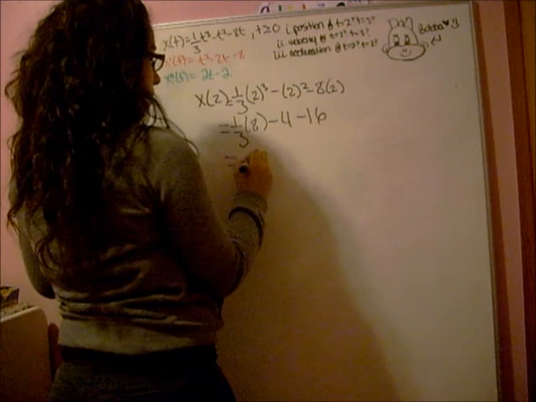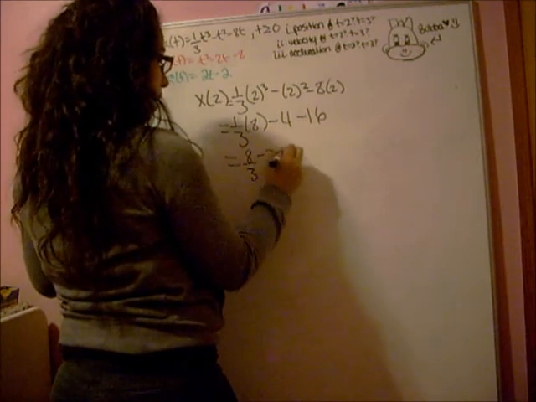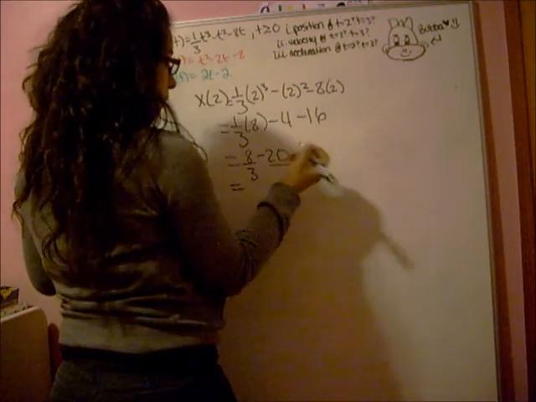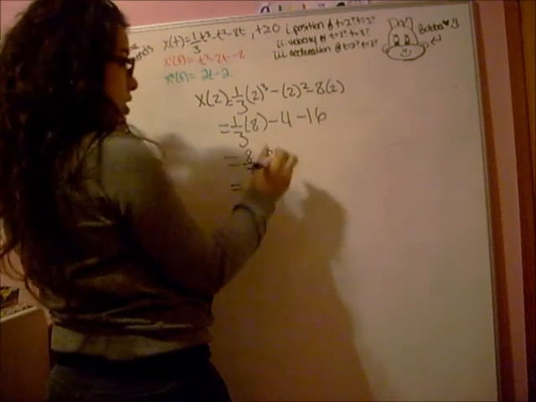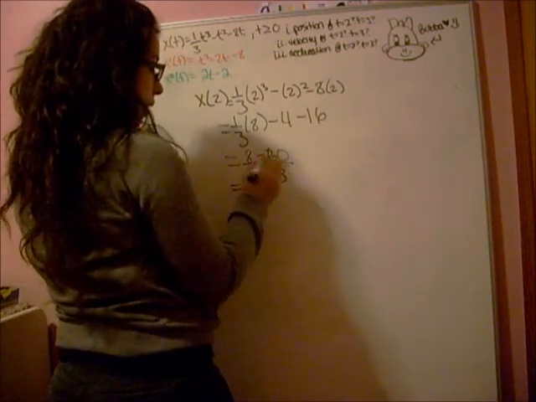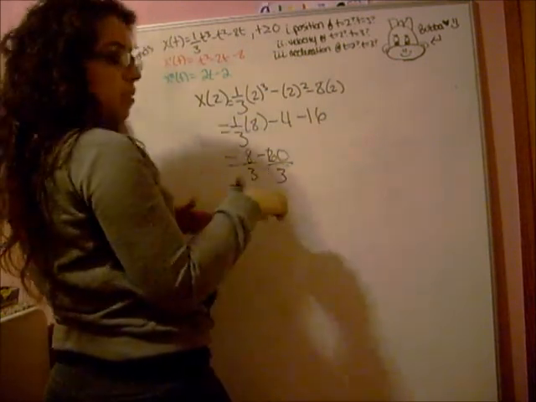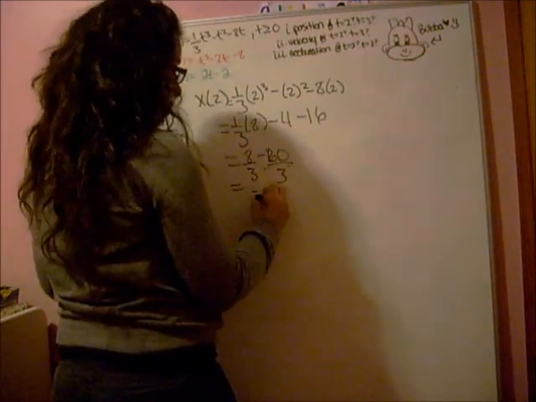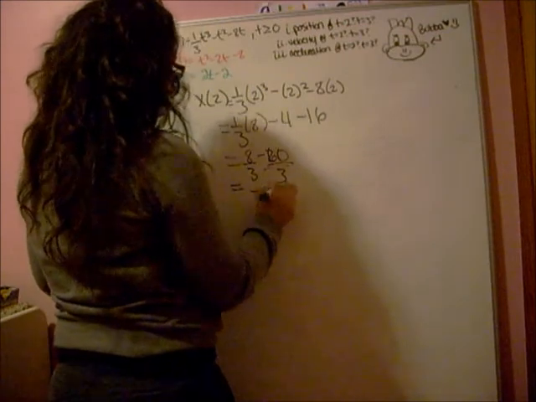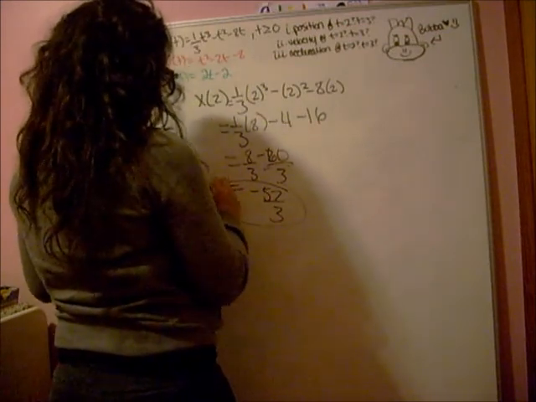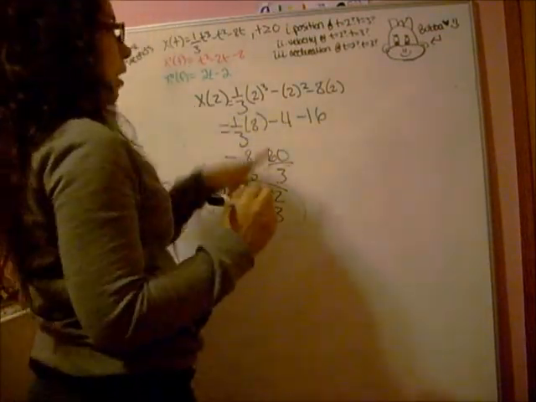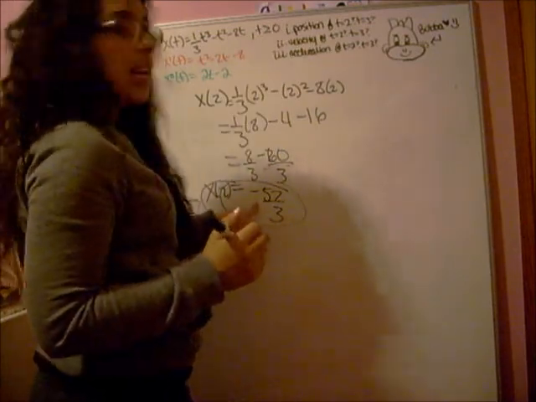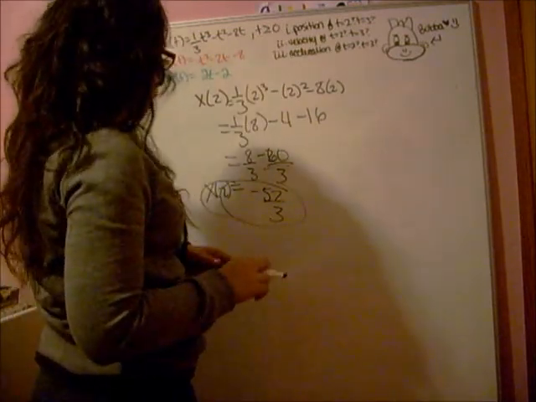So we simplify this as 8/3 minus 20, which, if you turn the 20 into a fraction, is 60 over 3. So 8/3 minus 60/3 is negative 52 over 3. So we know that the position at t equals 2 is negative 52 over 3.